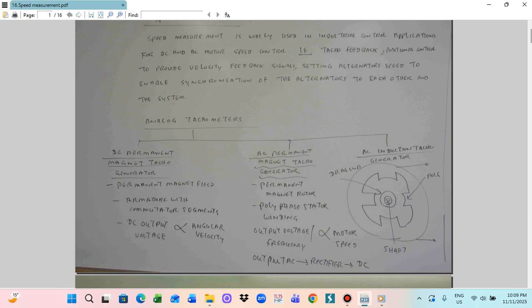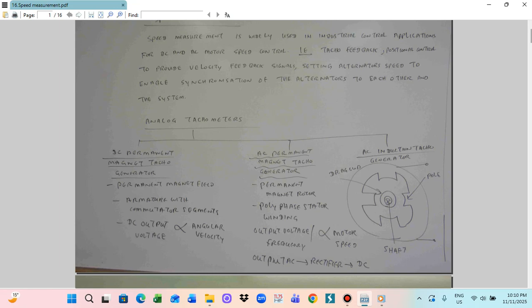So these are the two machines. The AC output is put through a rectifier and converted to DC. This is how we construct the tachometer. There are two kinds of tachometer, DC and AC.